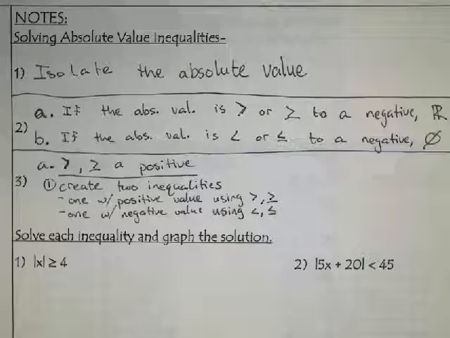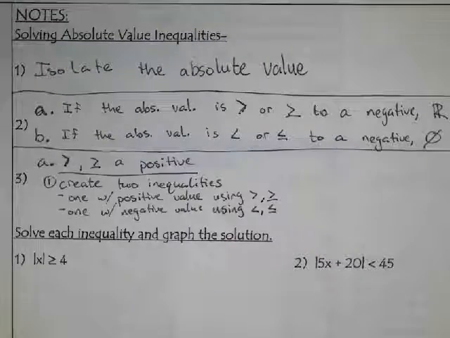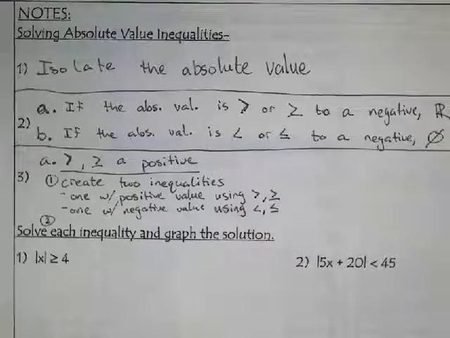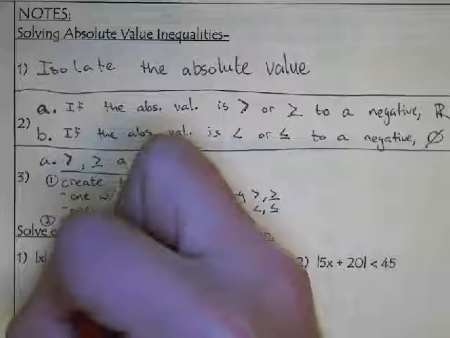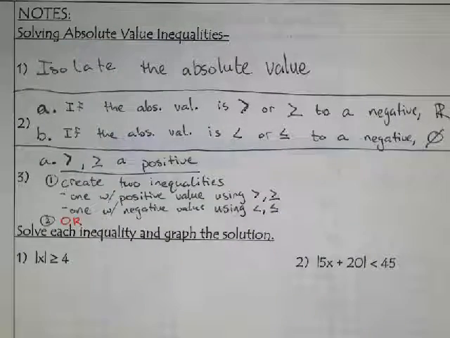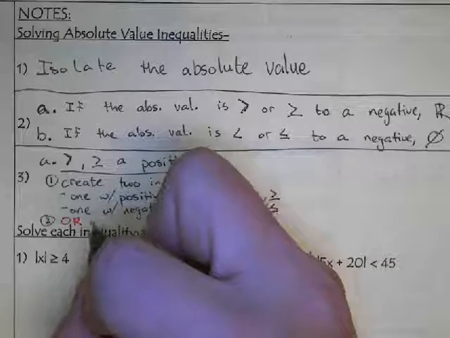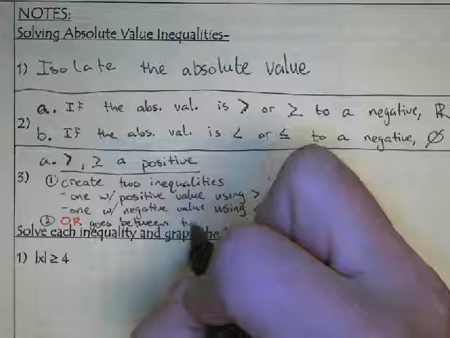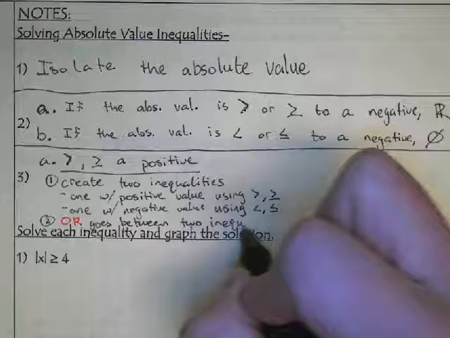So we switched that absolute value sign when we were looking at the negative side of things. And the last part, step 2, or from our compound inequalities, or goes between the two inequalities.